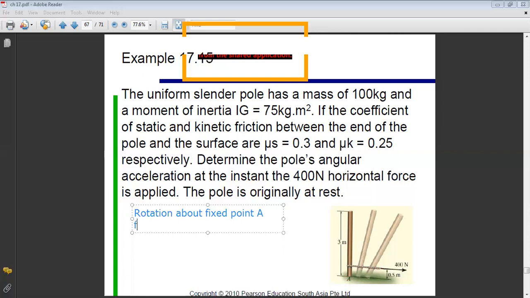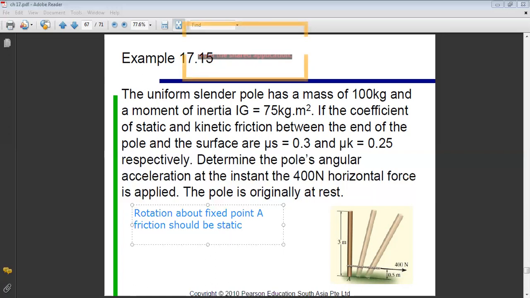VA should be 0. Yes, VA is 0. And because I don't have motion at A, my friction should be static.